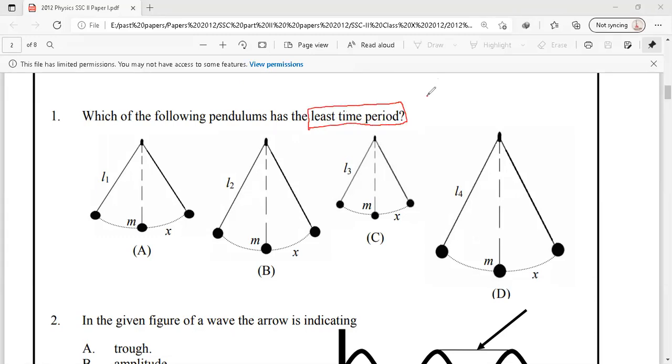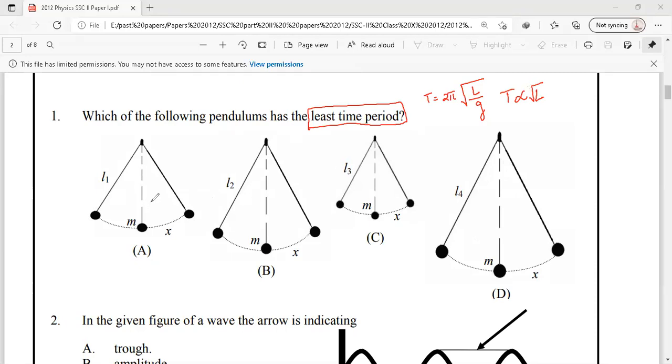So if we recall the formula of time period, that is T equals 2 pi square root L over G. From this formula, we can conclude that time period is directly proportional to the length of the pendulum.